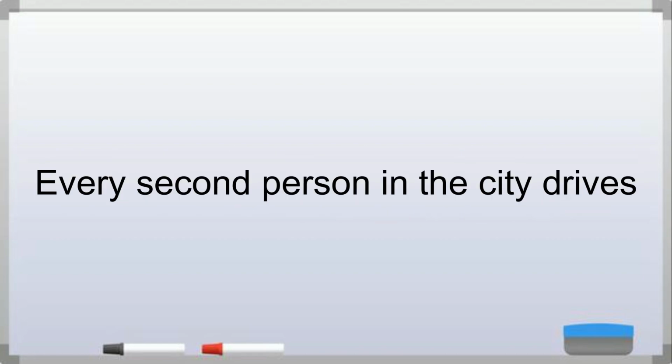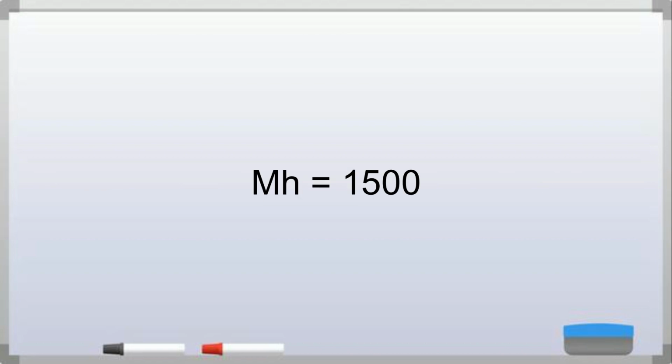Now if we say that every second person in our city drives, we will calculate that MH, the amount of cars that want to go from each hexagon to all of the other hexagons, equals 18,000 divided by 6 times 2, equals 1500, and that MG equals 11,600 divided by 2 times 8, equals 725.